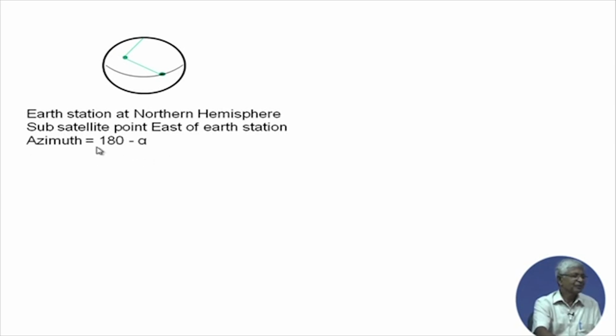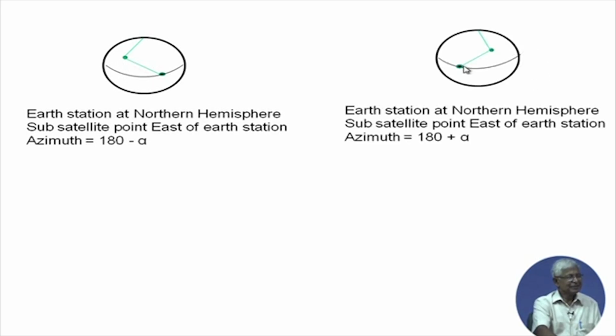Whatever alpha you find out will be 180 minus alpha. That means actually alpha is this side angle, which I have not drawn here. Similarly, if the subsatellite point is west of the station in the northern hemisphere, it will be 180 plus alpha. You can see from the north you come this way, 180 plus alpha. So, the alpha is an angle like this.